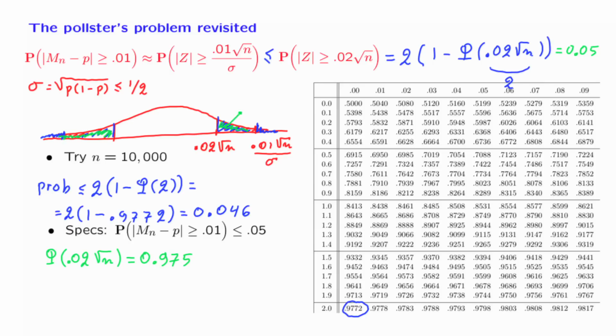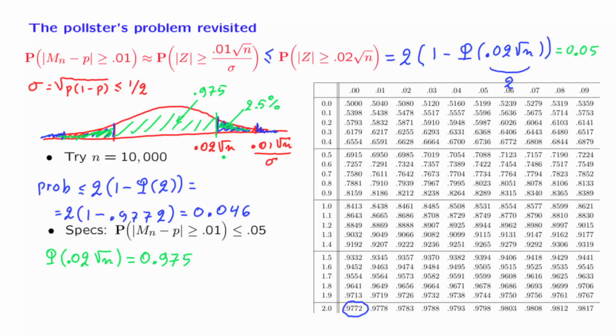This means that we want this probability here to be 2.5%. This means that the probability of whatever is to the left of this number should be 0.975, including the tail.